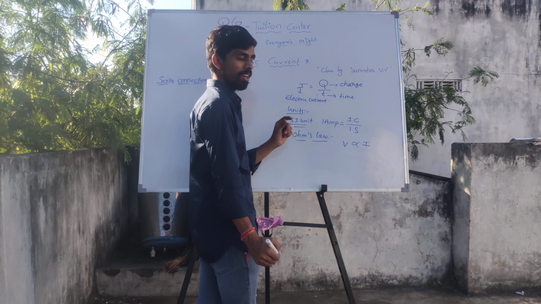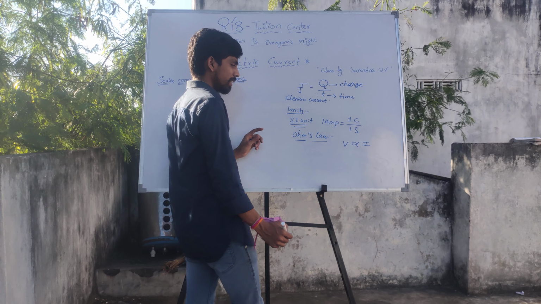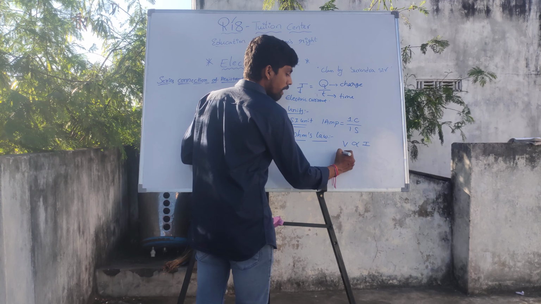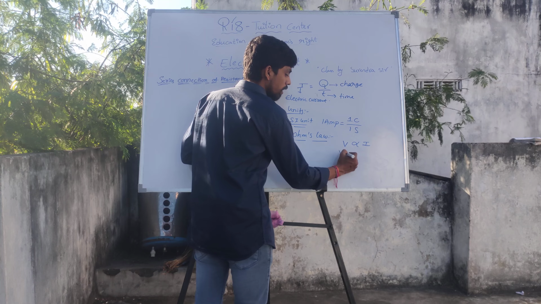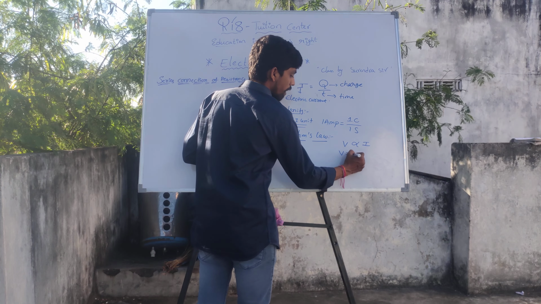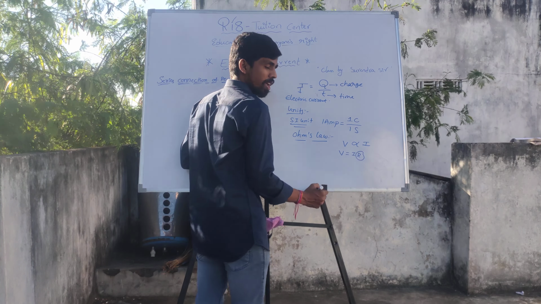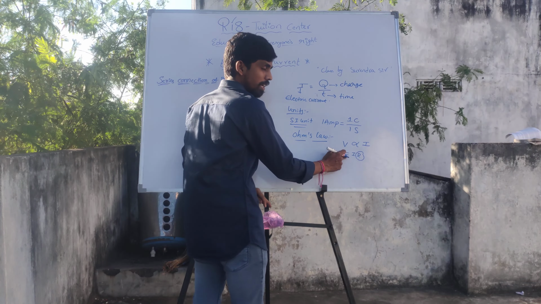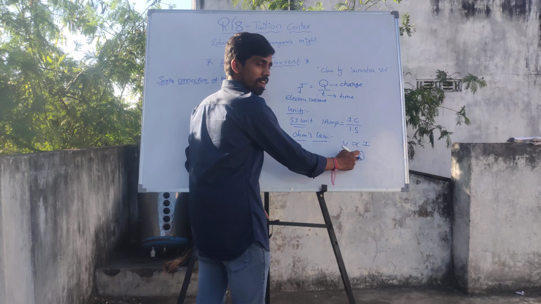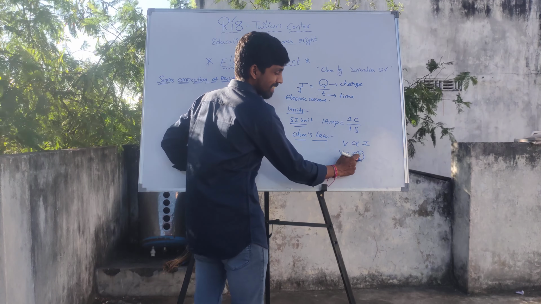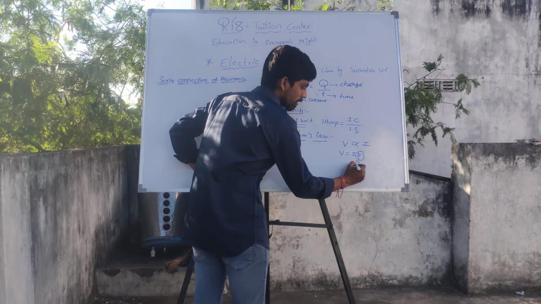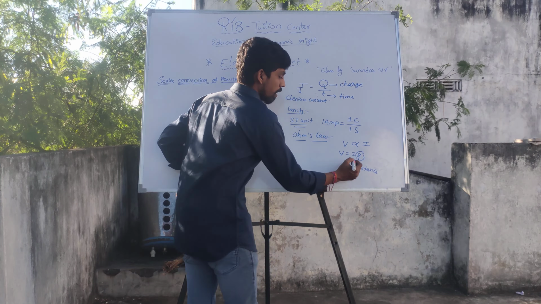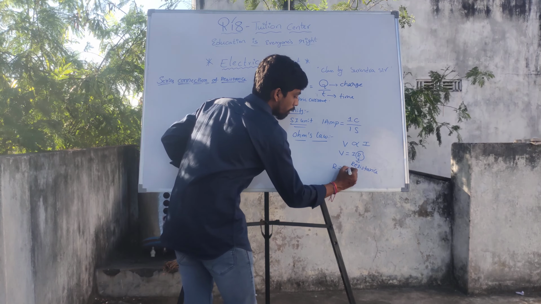We can remove the proportionality symbol by adding a constant, which gives V equals IR. R is the proportionality constant, and we call it resistance. Resistance R equals V by I.